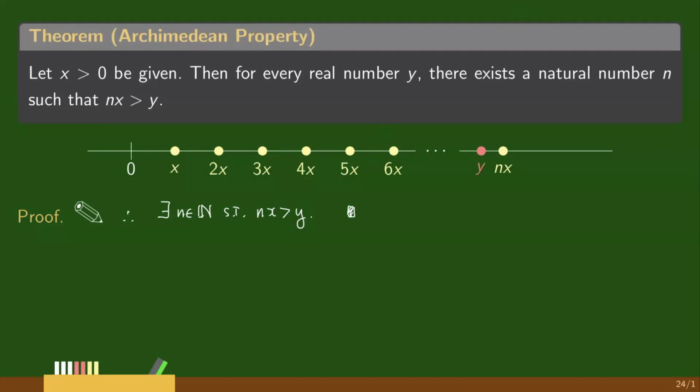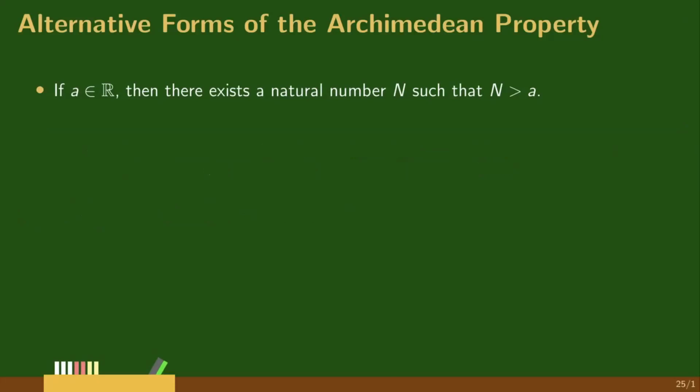Naunawaan yung Archimedean property before I proceed? Can I proceed to the next one? Okay. The next slides will be the other forms of the Archimedean property, but we're going to have a short break para kayo yung makawiwi or kung anong gusto nyong gawin.